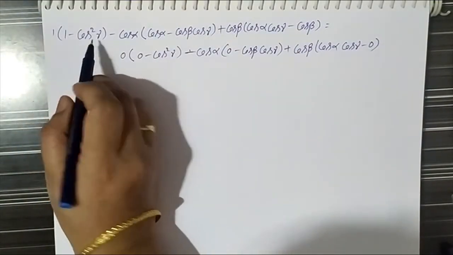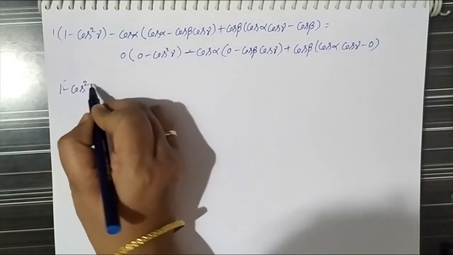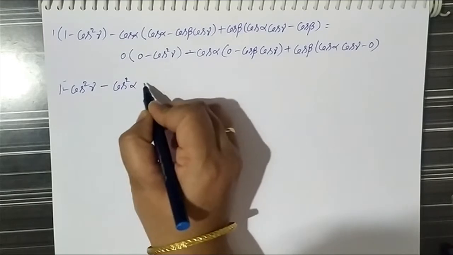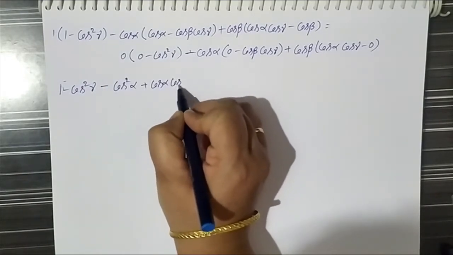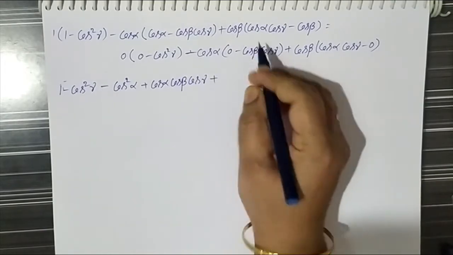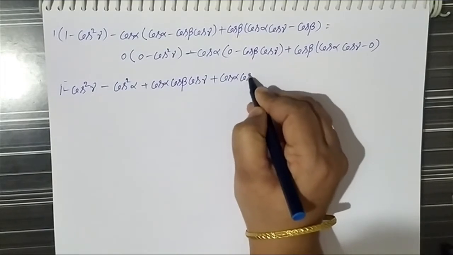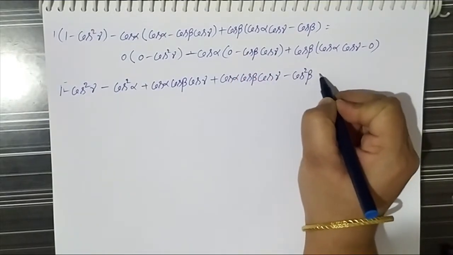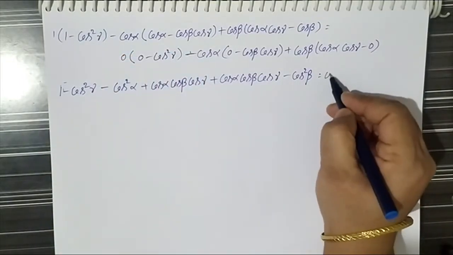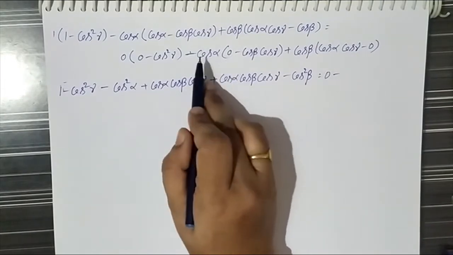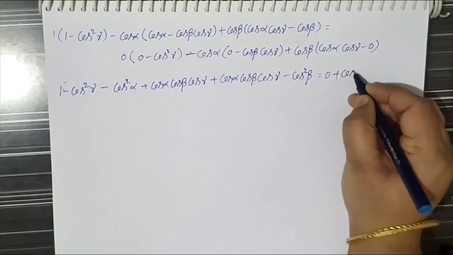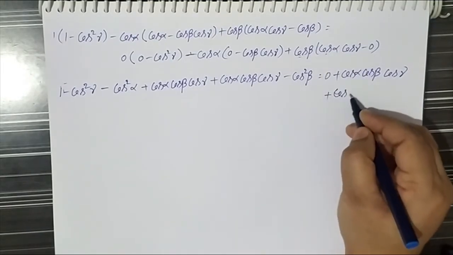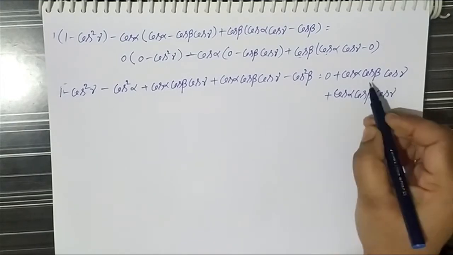1 into (1 minus cos square gamma), minus cos alpha into (cos alpha minus cos beta cos gamma), that is minus cos square alpha plus cos alpha cos beta cos gamma, plus cos beta into (cos alpha cos gamma minus cos beta), that is plus cos alpha cos beta cos gamma minus cos square beta, which equals 0 into anything is 0, minus cos alpha into (0 minus cos beta cos gamma), that is plus cos alpha cos beta cos gamma, and plus cos beta into cos alpha cos gamma, that is cos alpha cos beta cos gamma, minus 0.